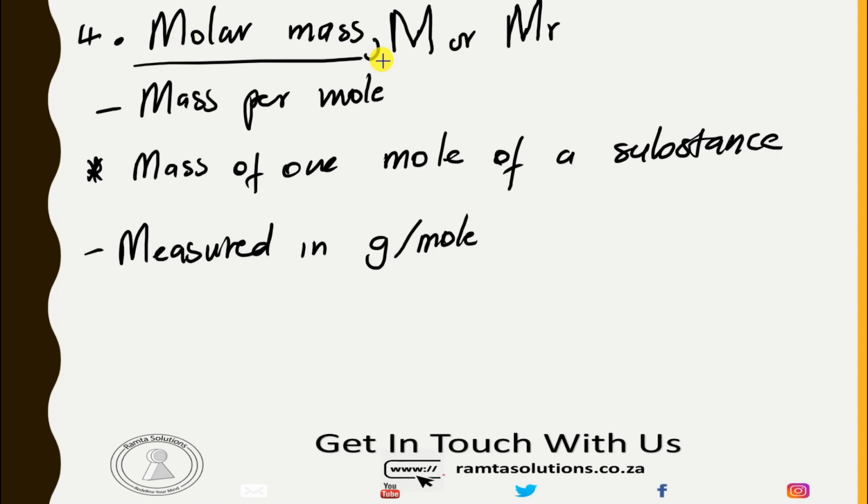So molar mass means mass has been divided by mole, meaning it's mass per mole. As you can see, molar mass is measured in gram per mole.